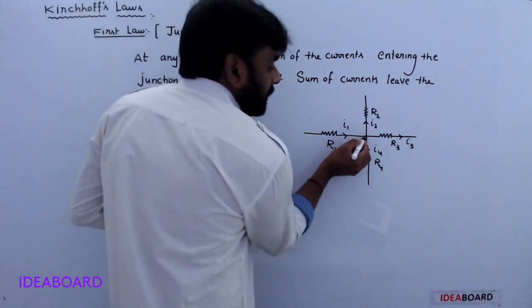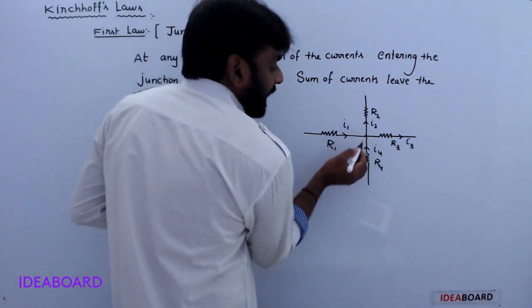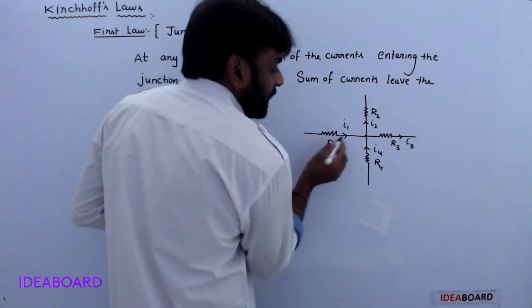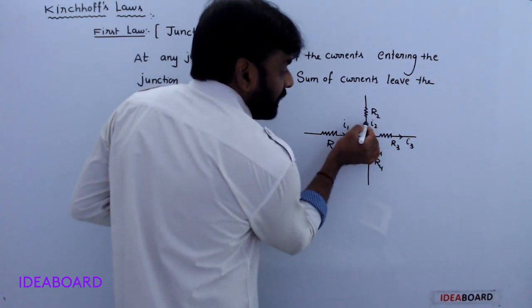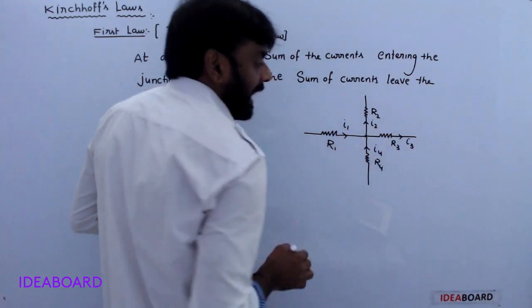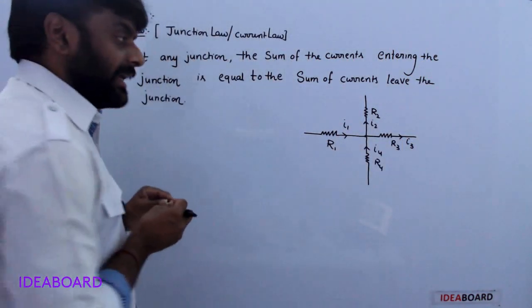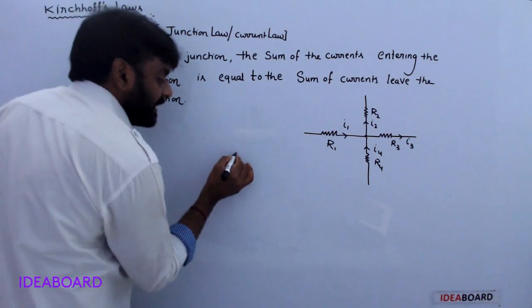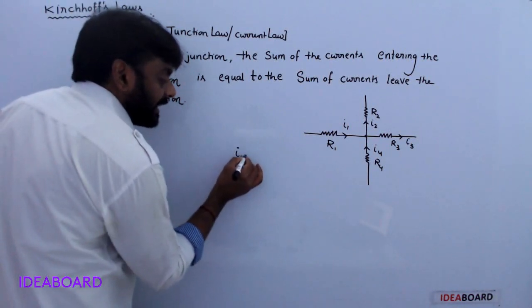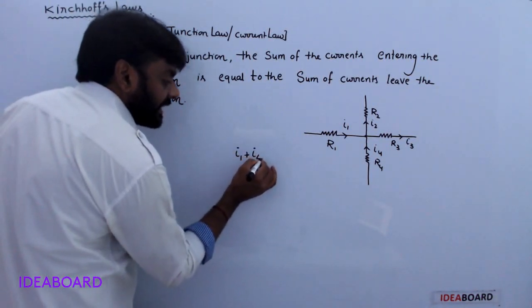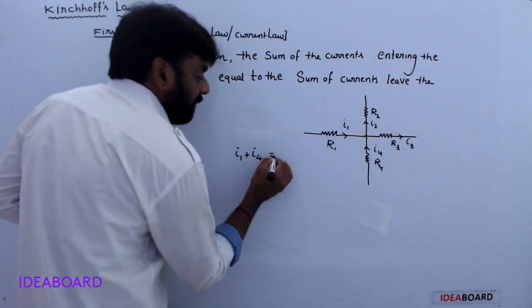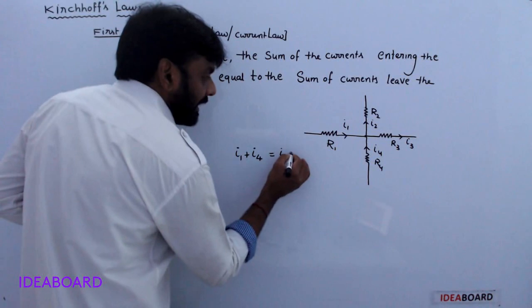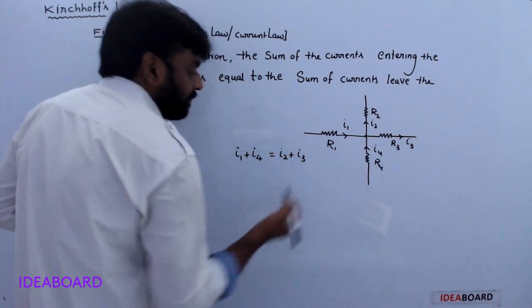According to the definition, the sum of entering currents: here the entering currents are I1 and I4. The leaving currents are I2 and I3. So the sum of entering currents is I1 plus I4, and the sum of leaving currents is I2 plus I3.